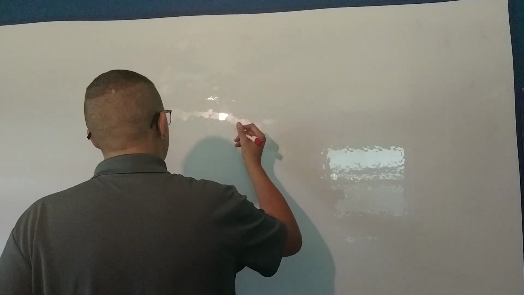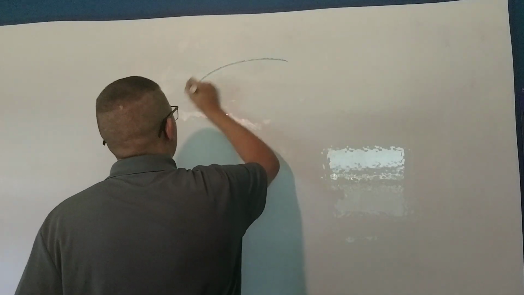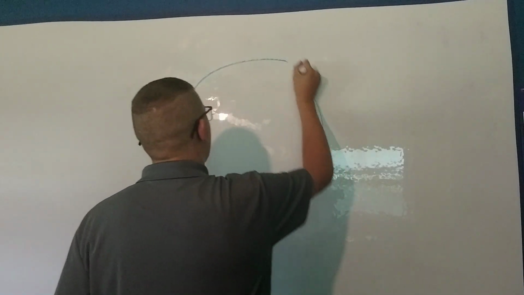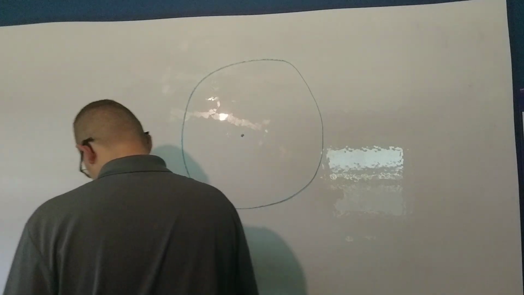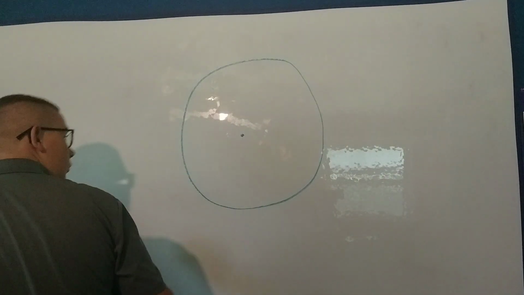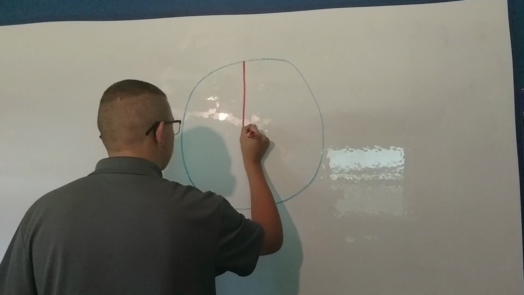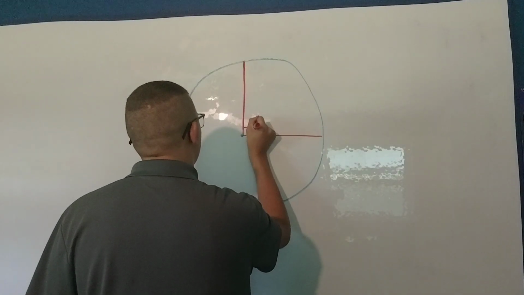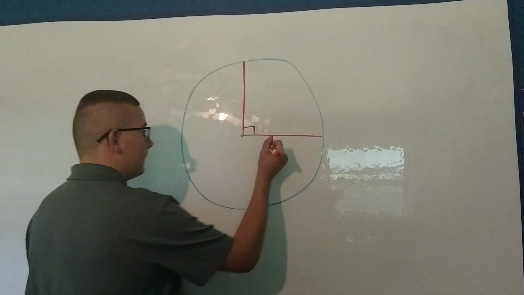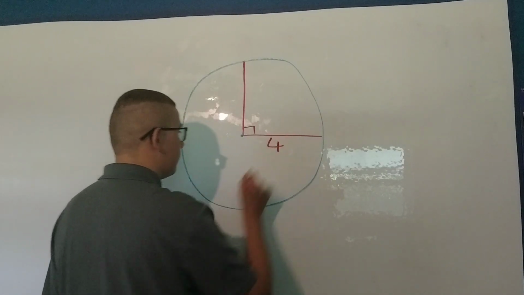If we have our circle here, and we'll keep it real simple at the beginning, we'll do a 90-degree angle like that, and we'll say this radius is 4 units.